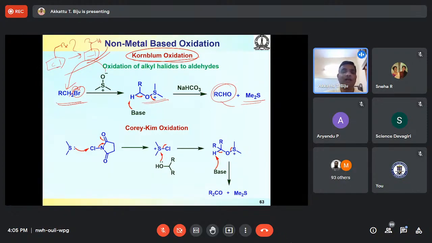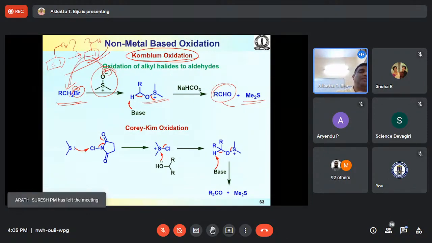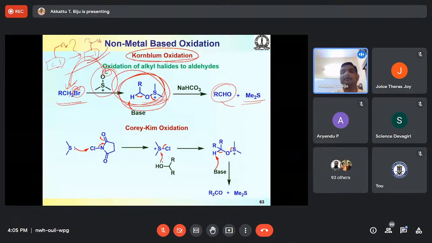Maybe the last method is this. So far we have seen metal-free oxidation strategies where we always start with dimethyl sulfoxide. Dimethyl sulfoxide is a very good nucleophile. The oxygen will add as a nucleophilic species to an electrophilic species, generating the reactive intermediate electrophile. To that, the alcohol will add, and then subsequently the reaction proceeds.